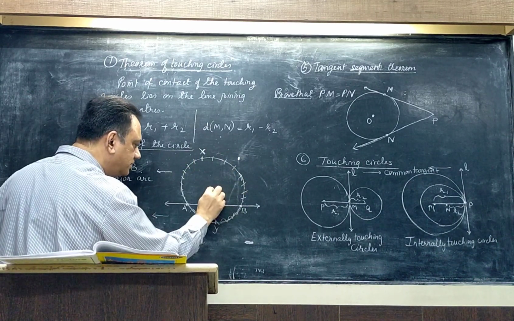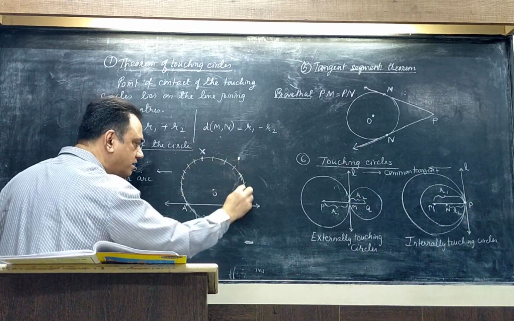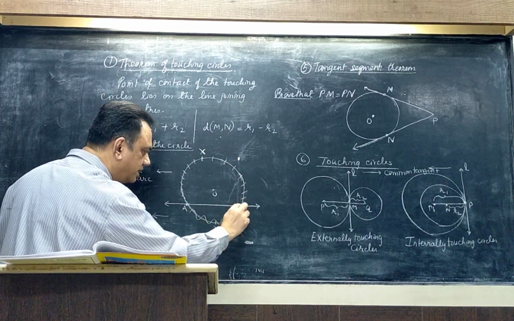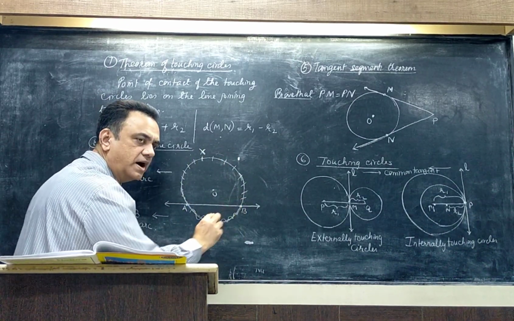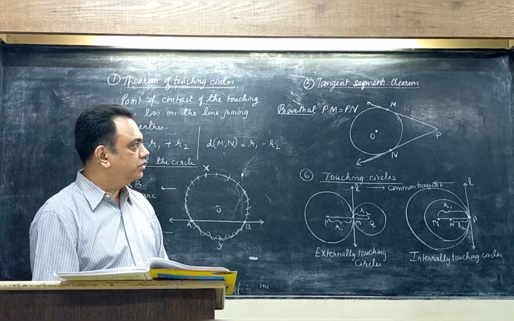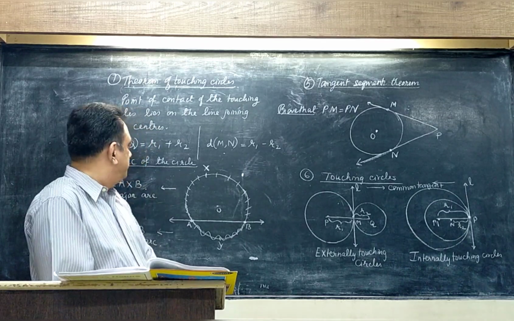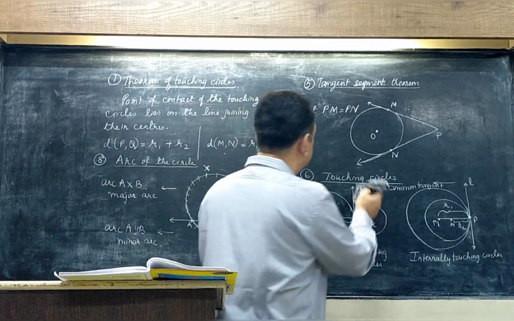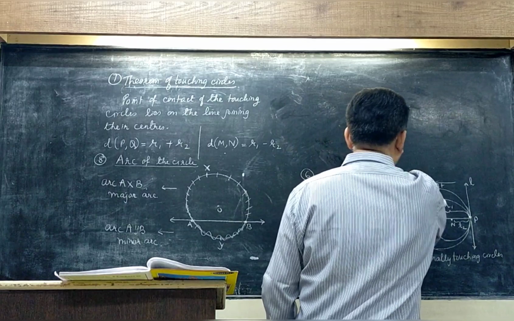The arc which has the center is the major arc, and the other one is called the minor arc. Now the next point we move on to, point number 9, that is central angle.